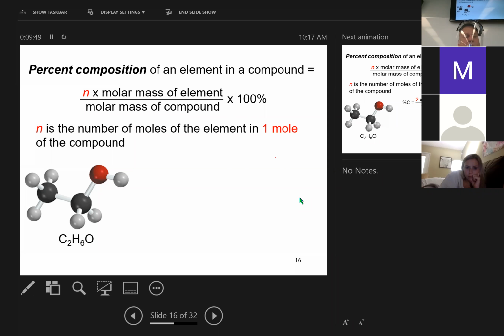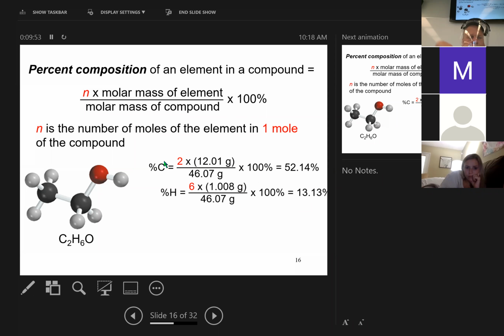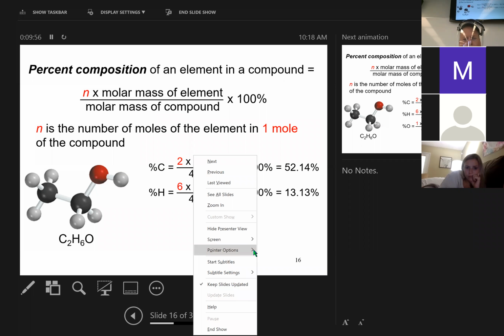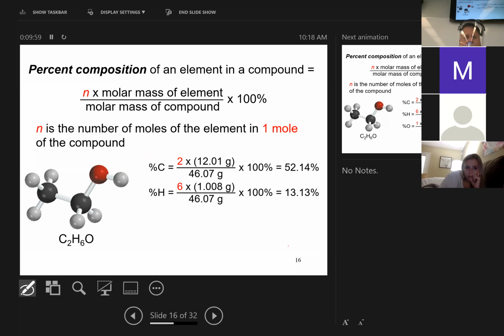Huh? 2. Okay, so first let's get the molar mass. 2 times 12 divided by 46 times 100, and you can figure out exactly, you get 52.14.